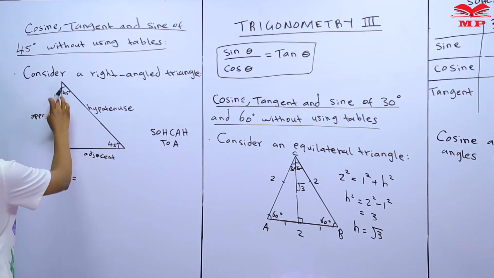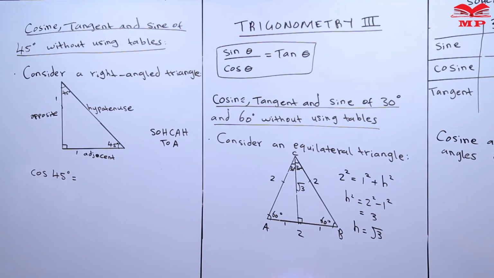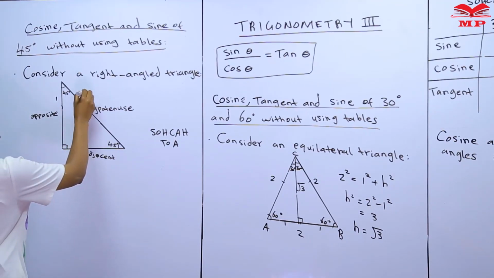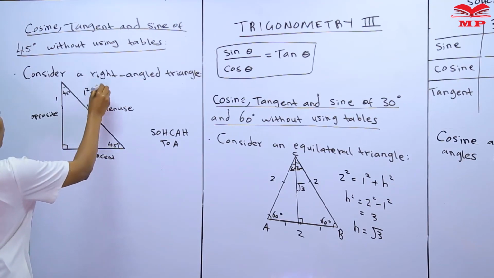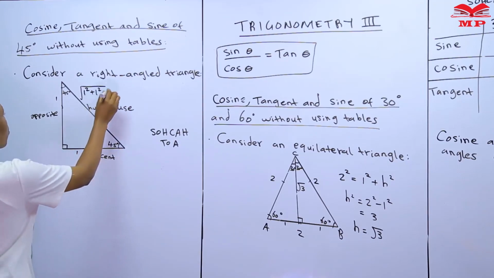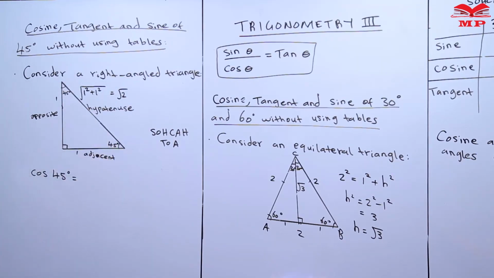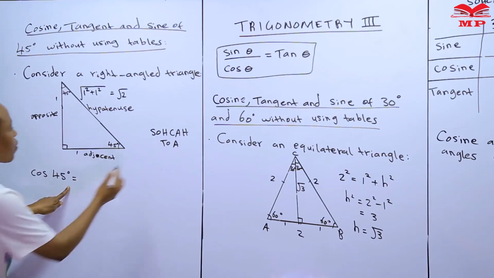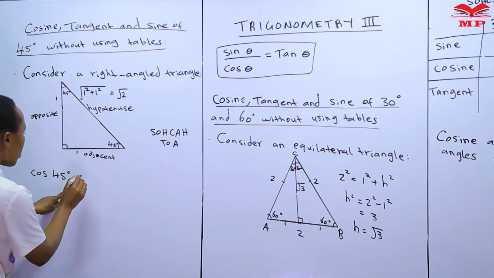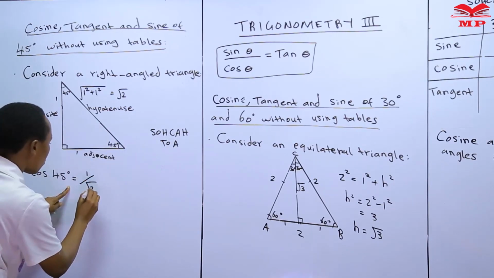The base is 1 and the height is 1. The hypotenuse, from the Pythagoras theorem, is the square root of 1 squared plus 1 squared. So we have 1 plus 1, that is 2, so the hypotenuse is root 2. So cos 45 is the adjacent, which is 1, all over the hypotenuse, which is root 2.